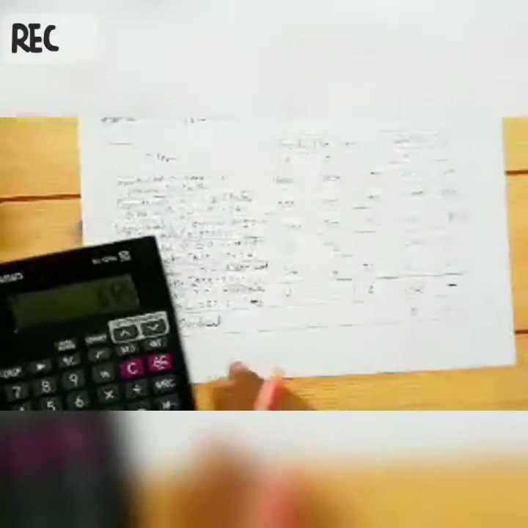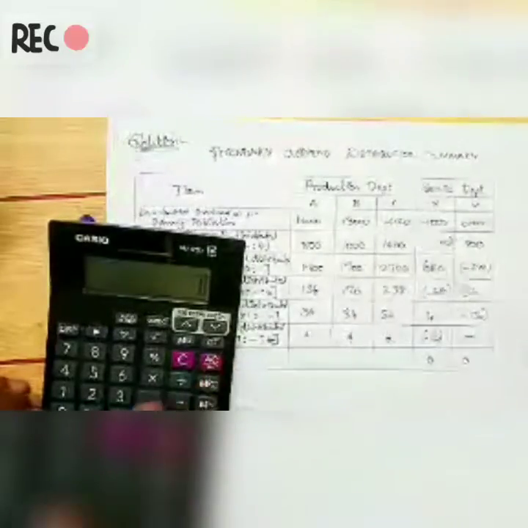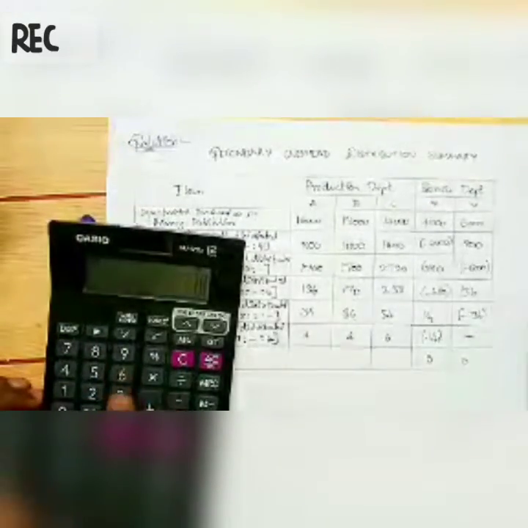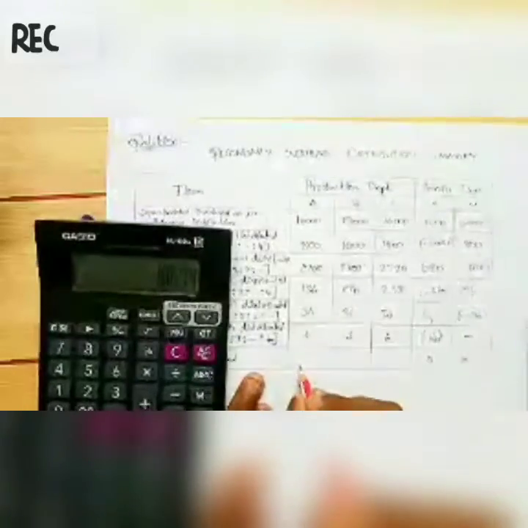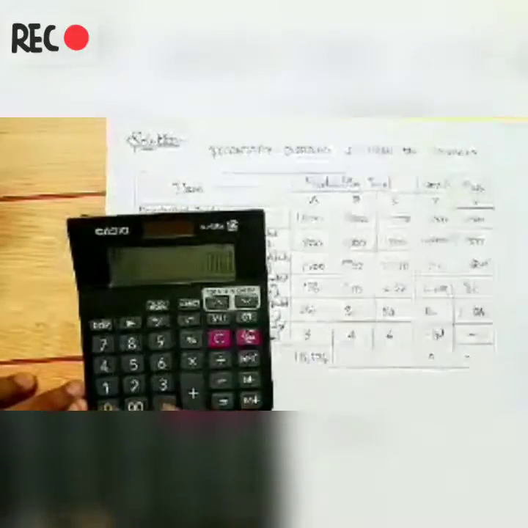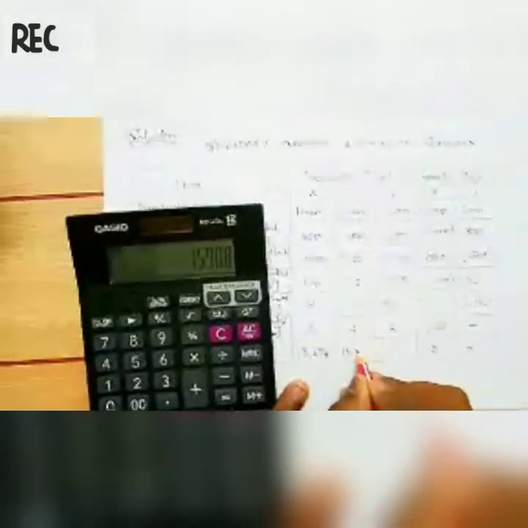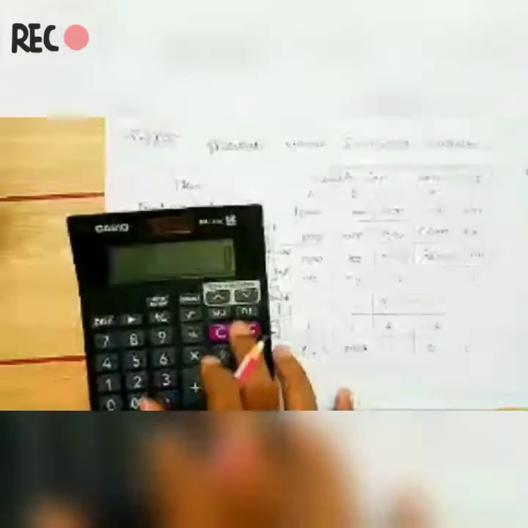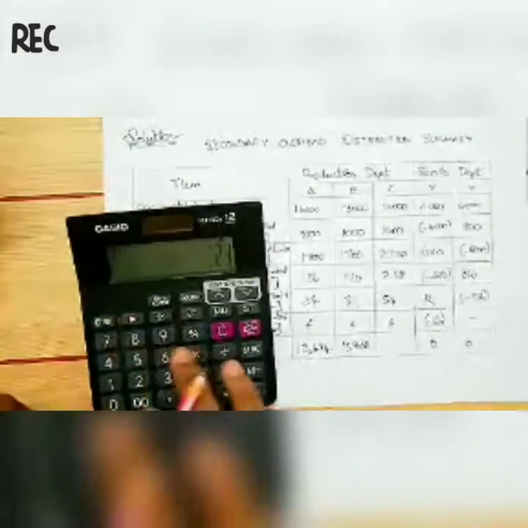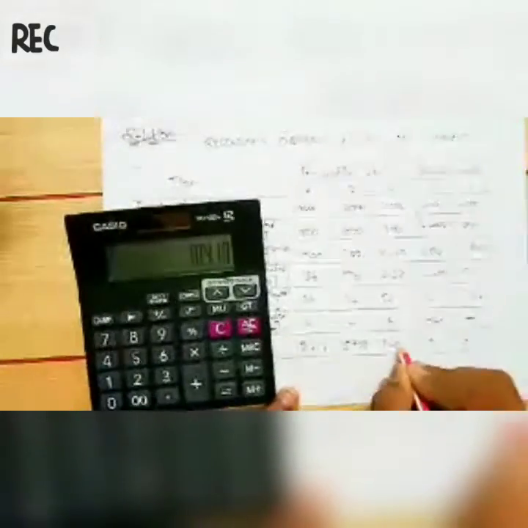Now total the values for production departments A, B and C. For A it becomes 18,674, for B 15,908, and for C it becomes 18,418.